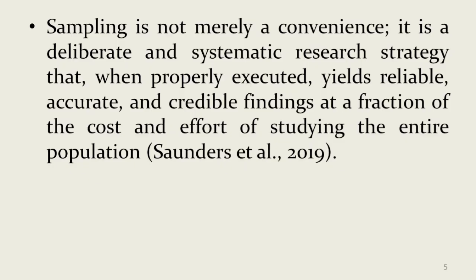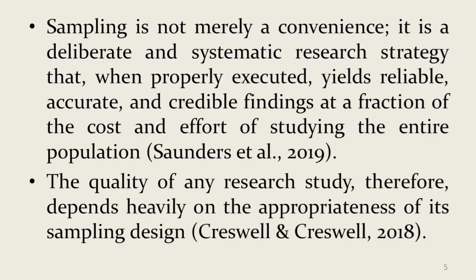It is a deliberate and systematic research strategy that, when properly executed, yields reliable, accurate, and credible findings at a fraction of the cost and effort of studying the entire population. The quality of any research study, therefore, depends heavily on the appropriateness of its sampling design.